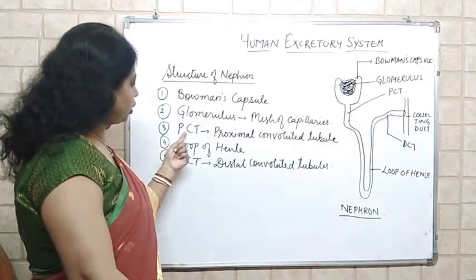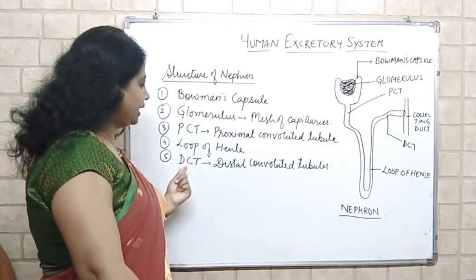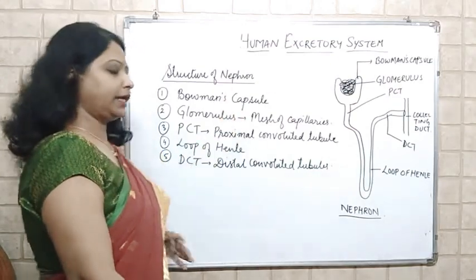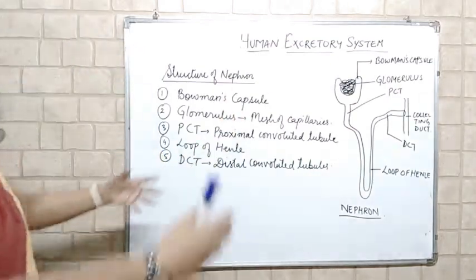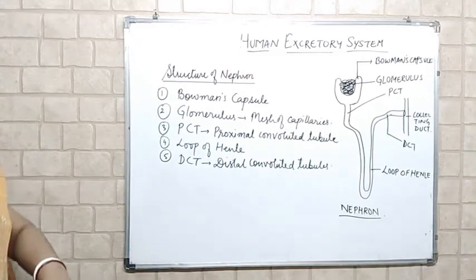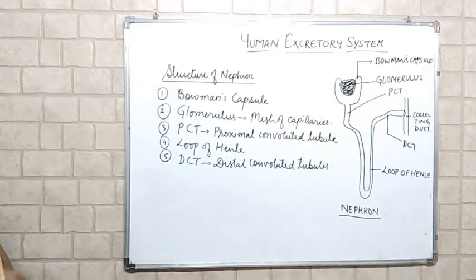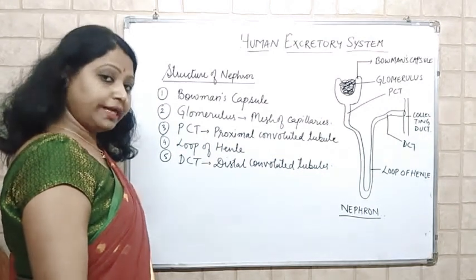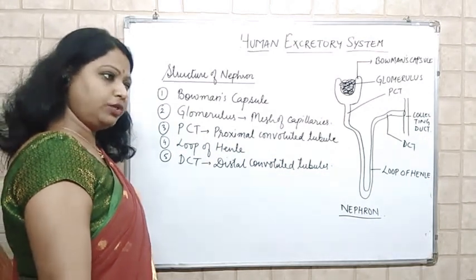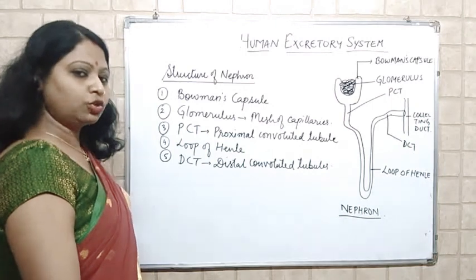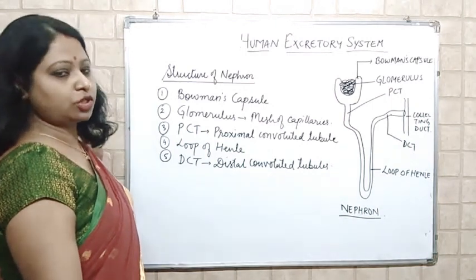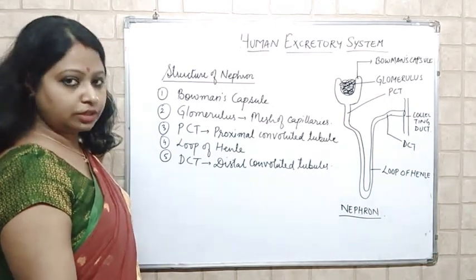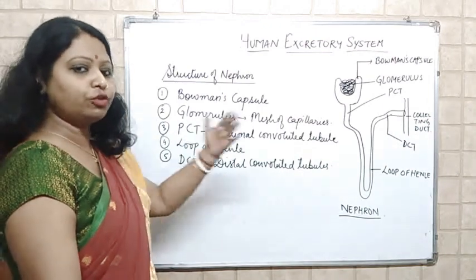That tubular system includes PCT, loop of Henle, and DCT. And then they join the collecting duct. They all join together and then are collected. All the urine will be collected by the urinary tubes, ureters, and then stored in the urinary bladder and thrown out from time to time by the process of micturition. Micturition is throwing out of urine from time to time.